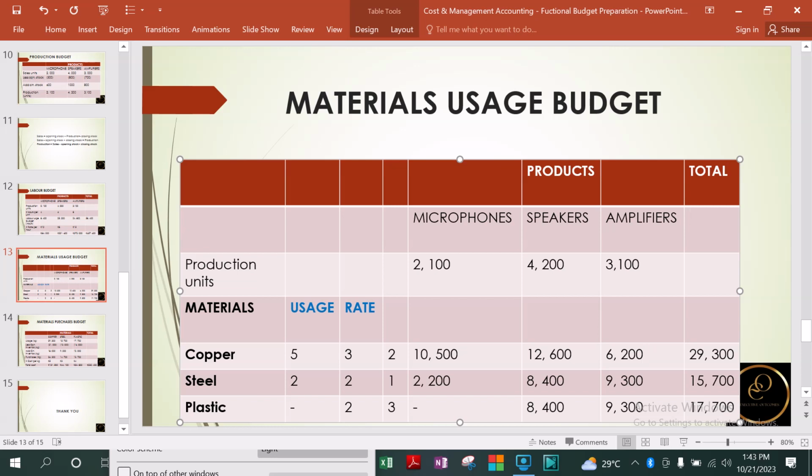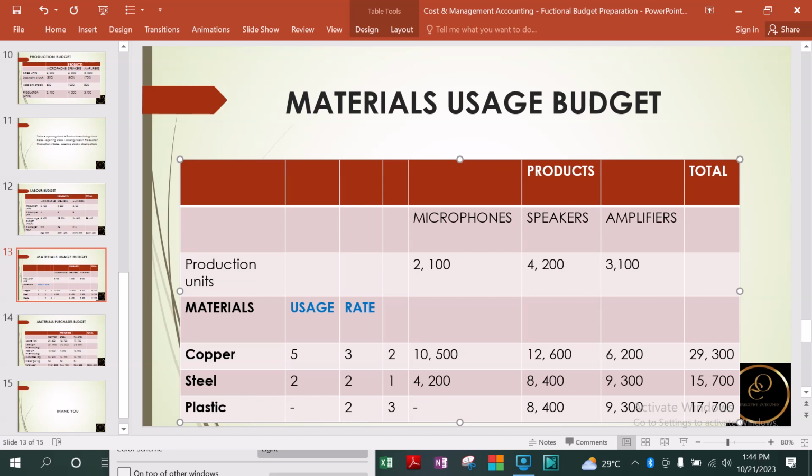Okay. So now the same applies to steel. It's a question of multiplying 2 times 2,100 to get 4,200. Sorry, 4,200. And then this one will give you 2 multiplied by 4,200 to give 8,400.